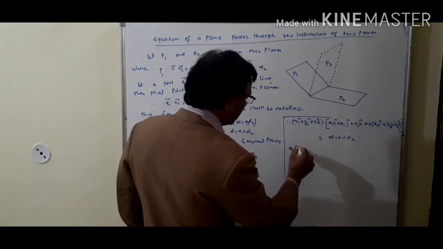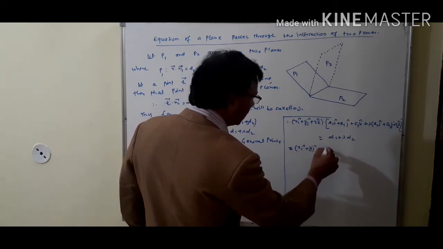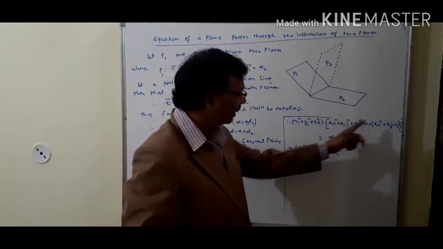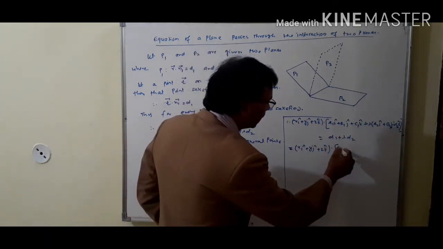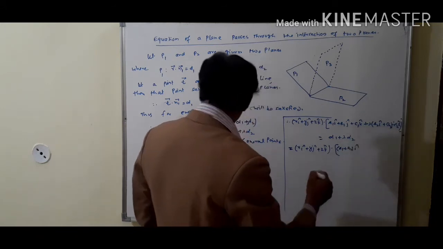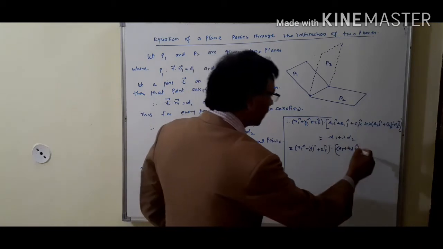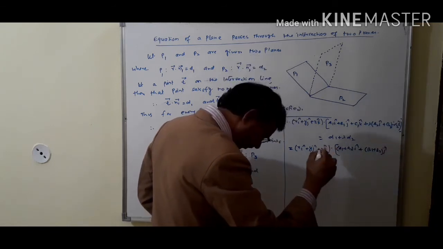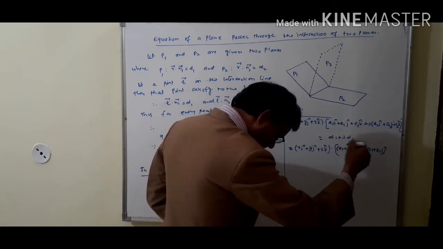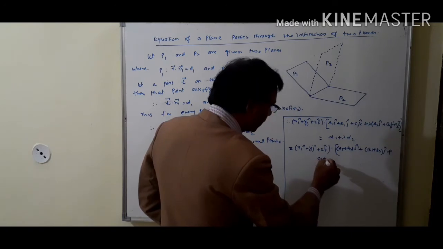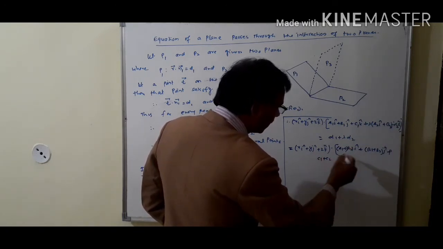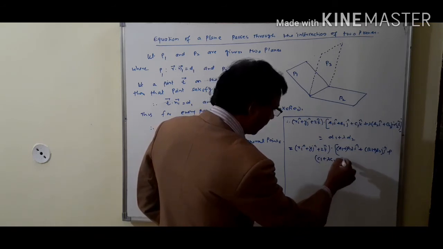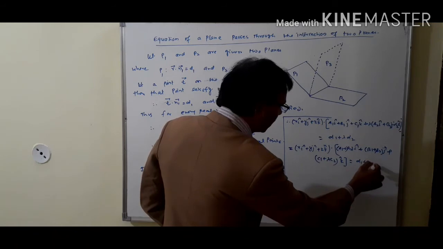Taking i, j and k common, this will be (a1 plus lambda a2) i cap plus (b1 plus lambda b2) j cap plus (c1 plus lambda c2) k cap, equal to d1 plus lambda d2.